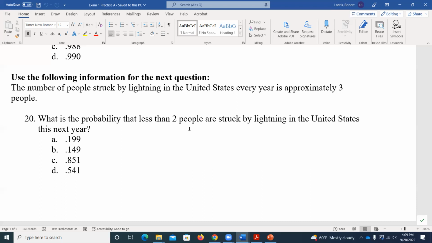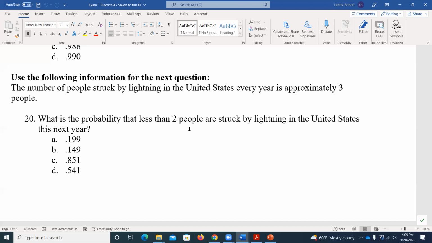If I'm thinking about this visually, here's my number of successes. 3 is going to be the most likely outcome, and as we move further from that expected value, the probabilities decline: 2, 1, 0, 4, 5, 6, off into infinity.